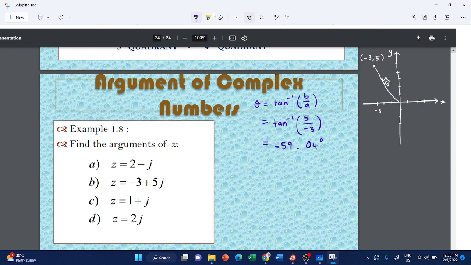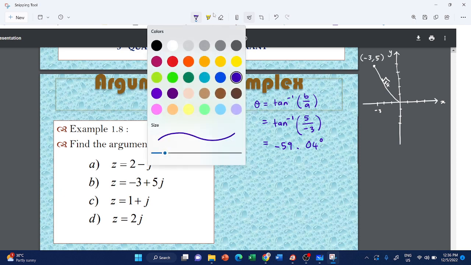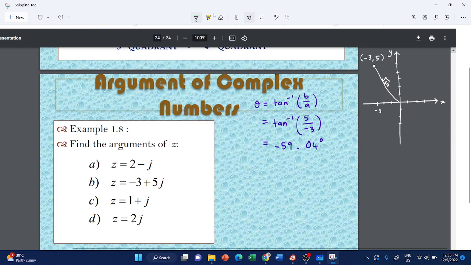So the 59 here is actually negative 59, and the green side is 59.04.